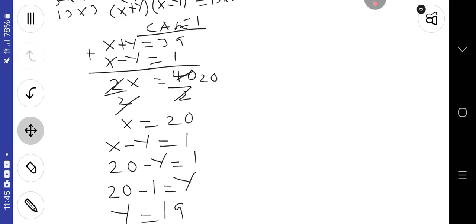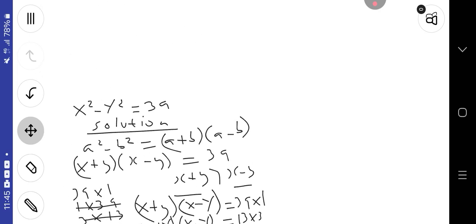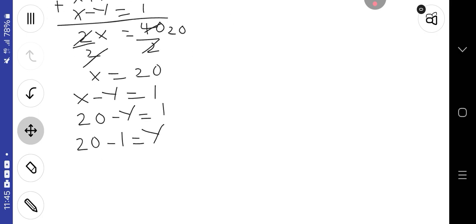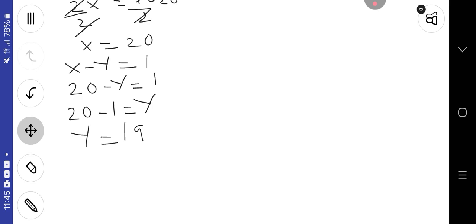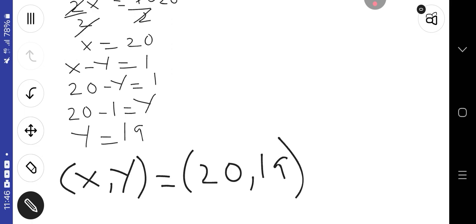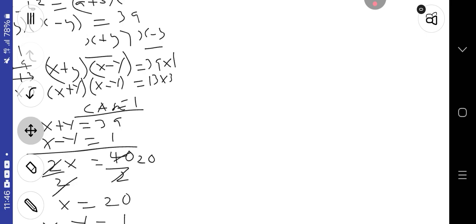So x and y is equal to 20 and 19. But before we even test our original equation, let's solve case 2. So let's go back to case 2.